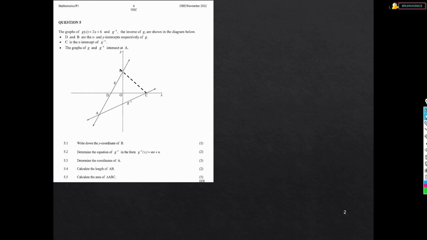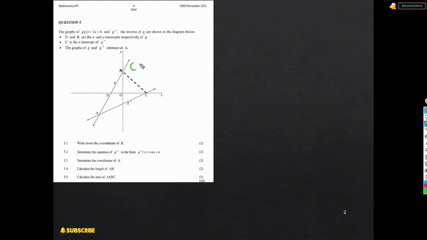So I decided to draw the line here so that we can calculate the length of AB. So now this means that we should write down the coordinates of B here.